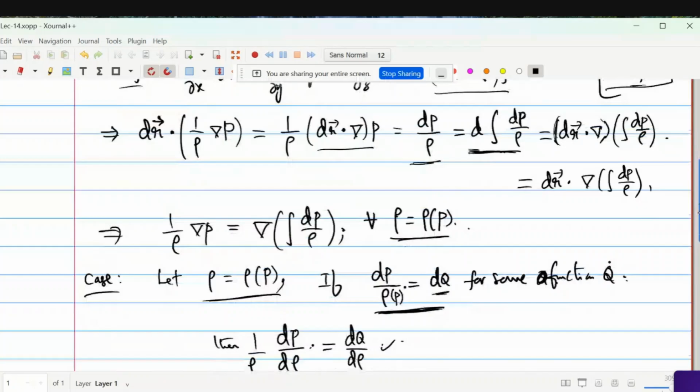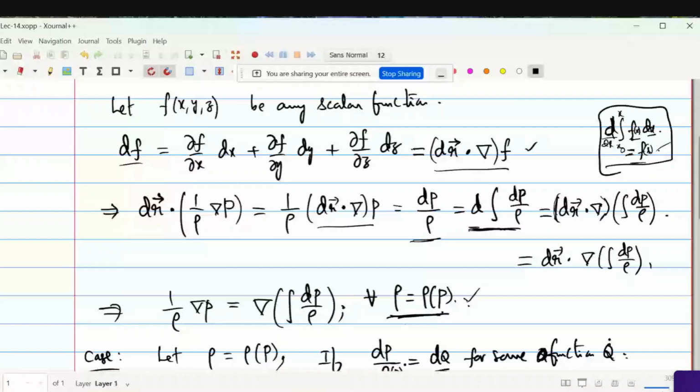Mathematically, I'm only trying to think like a mathematician. If you look at it here, the d of the integral I wrote as rho of p. Otherwise, I could think of rho as rho of x, y, z, and t.